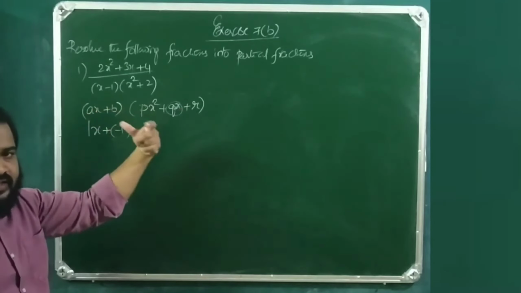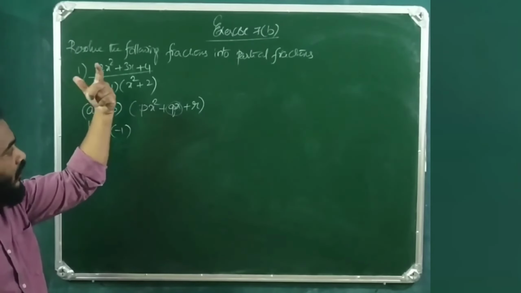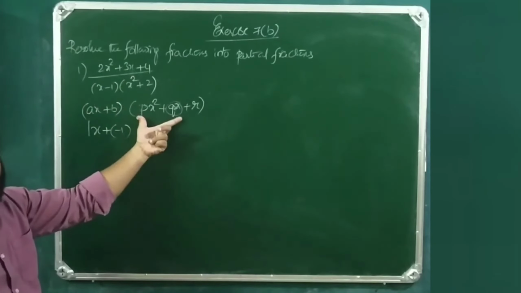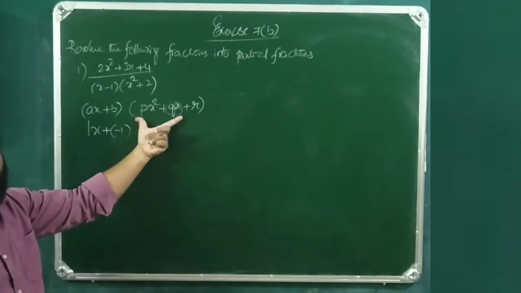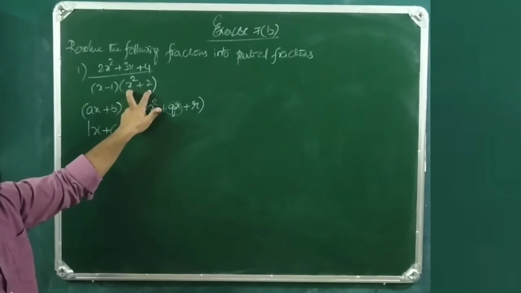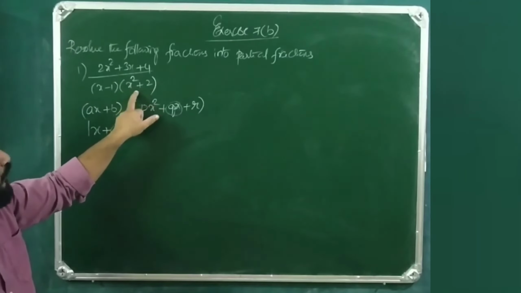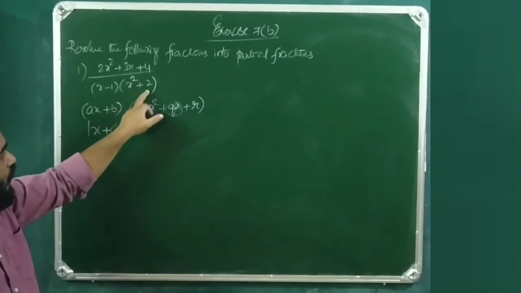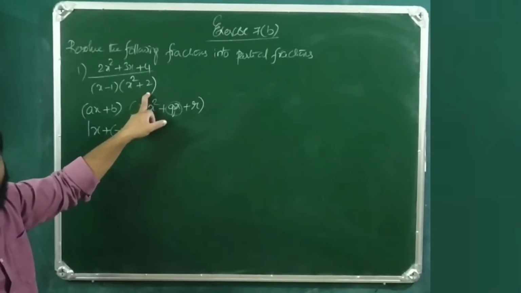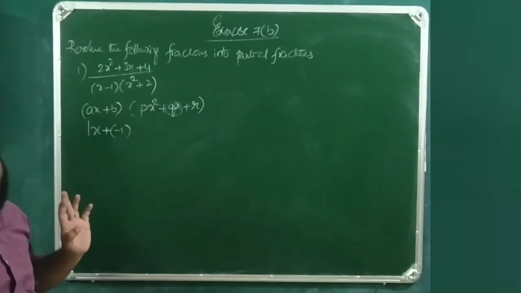The immediate thing that we have to see is whether this is a reducible polynomial or an irreducible polynomial. So x square plus 2: we cannot express it as the product of real factors.